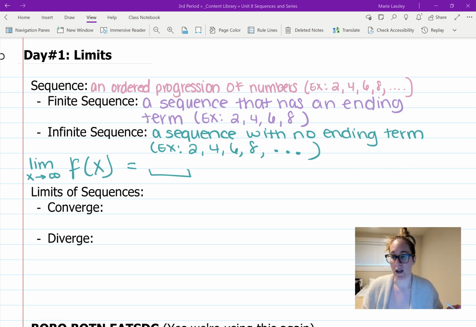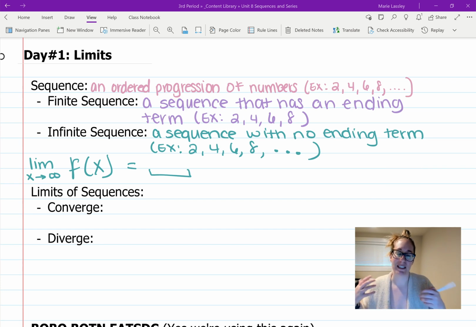Sometimes we have functions that go forever, either up positively as x gets bigger, or they go to negative infinity. So your limit is what your function is doing as it goes towards infinity. Now, when we did our rationals unit, we talked about limits towards asymptotes, which is a different topic.